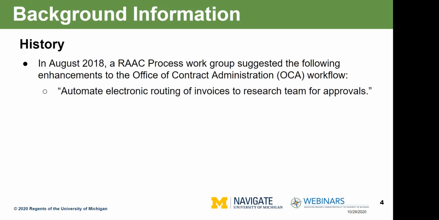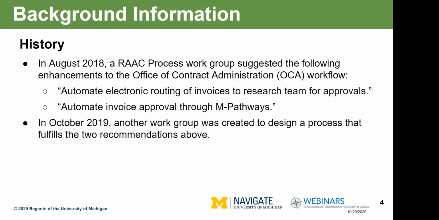Two recommendations that came out of that were automating electronic routing of invoices for research team for approvals, automating invoice approval through Pathways. As a result of that group's work, another work group was formed in October of 2019 to look at the system Pathways and determine how those two recommendations could be addressed and met.